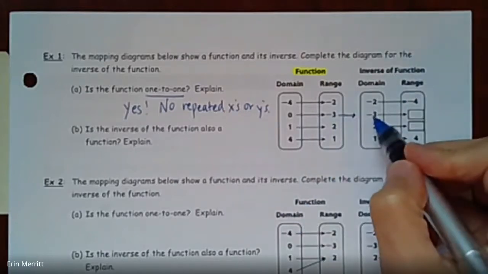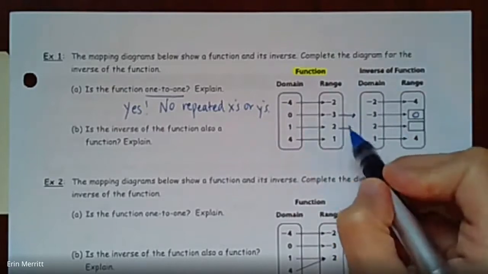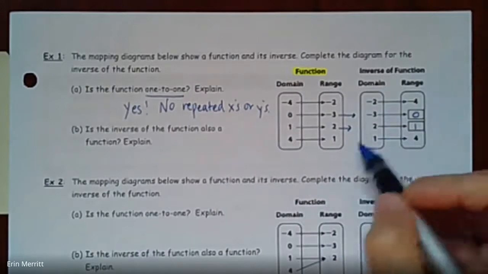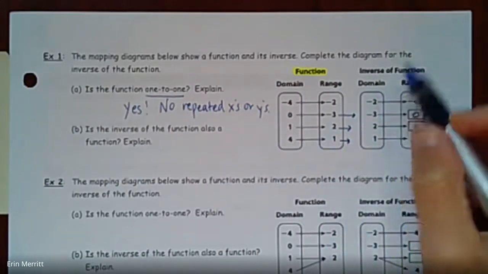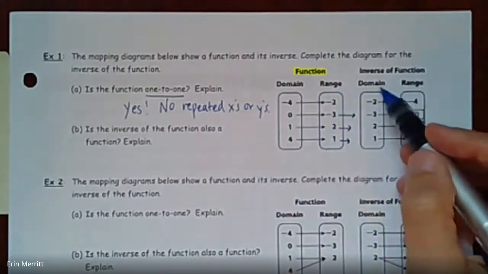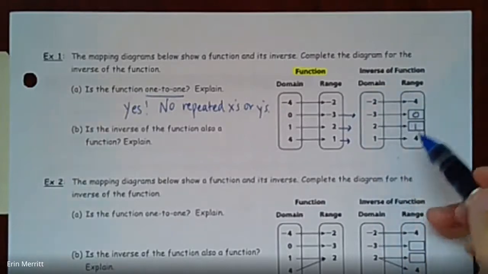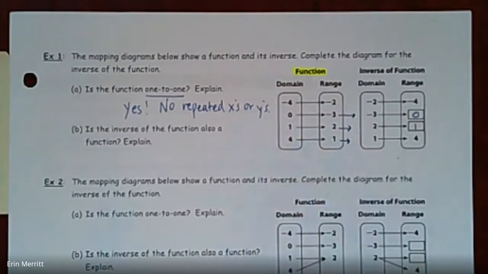So -3 should produce 0 back at you. 2, when you plug it in over here, should kick back out 1 where it started. And then you can see that it matches here. The 1 kicks back out the 4. So if there was no repeated x's or y's for the original function, then it would make sense that there's no repeated x's or y's for the inverse, because it's the same exact values. They've just swapped positions here.